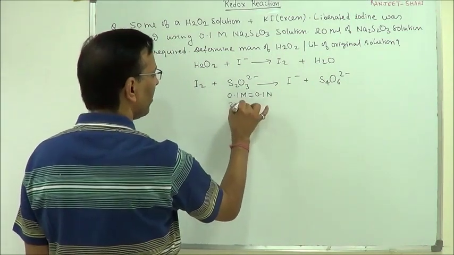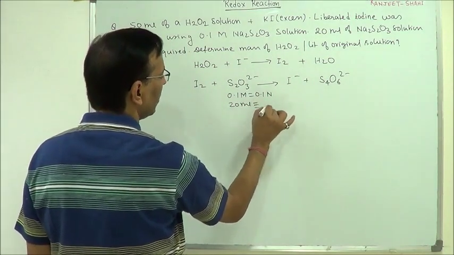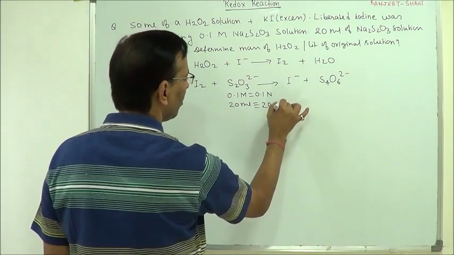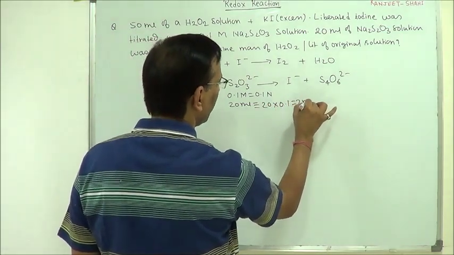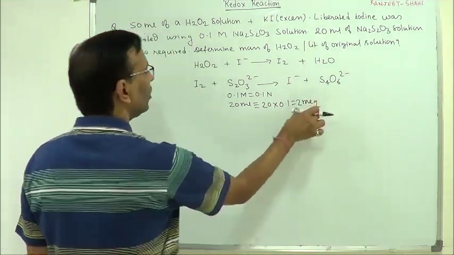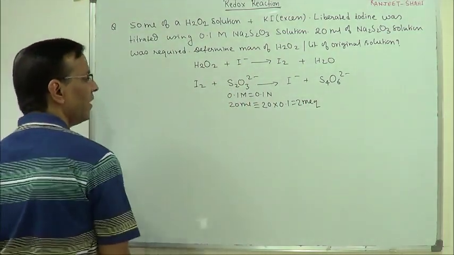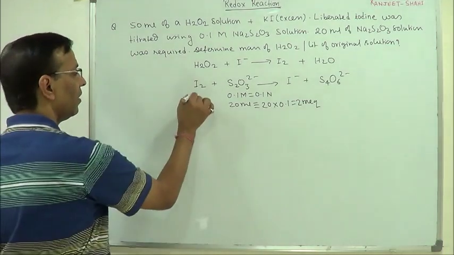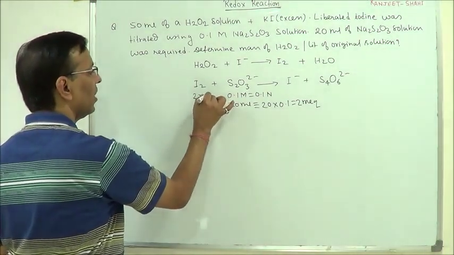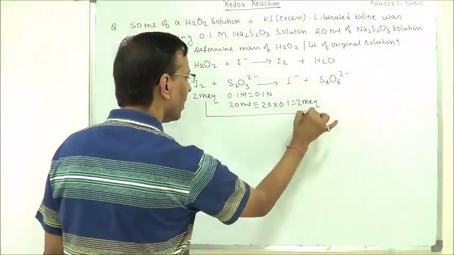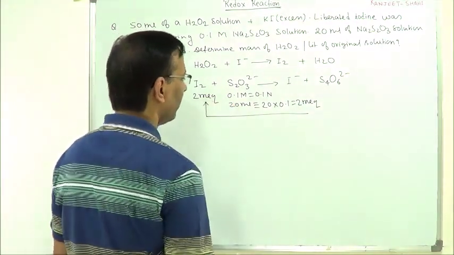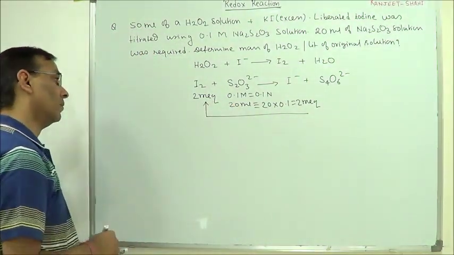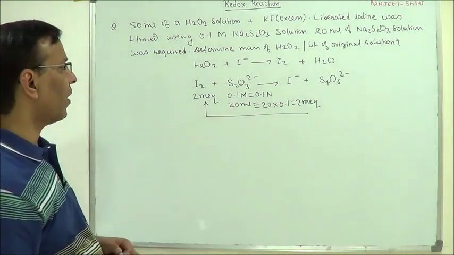So 20 ml of this solution will contain 20 into 0.1, so 2 milliequivalent. And 2 milliequivalent of thiosulfate will react with 2 milliequivalent of iodine. So milliequivalent of iodine is 2, which comes from here. So milliequivalent of iodine is now known.